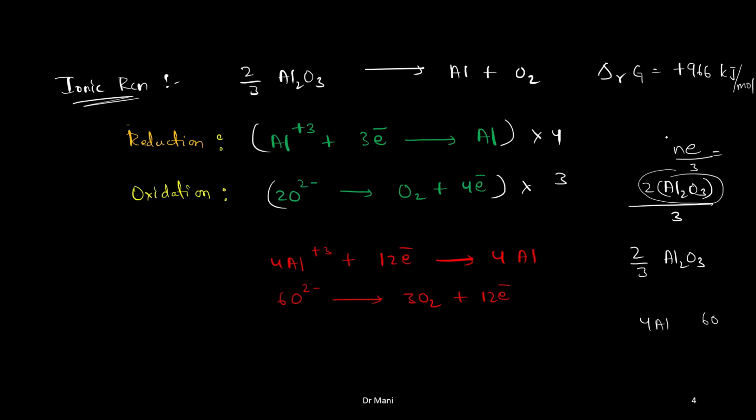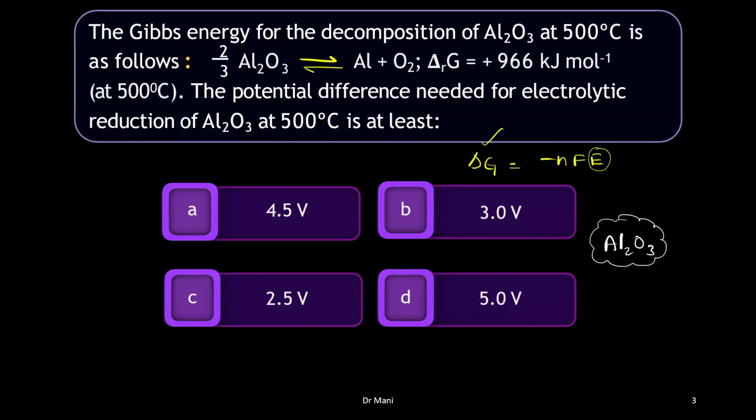So what I need to find out is n. What is n? It's the number of electrons transferring during the reduction or oxidation. Here 3 electrons are gained, and here the electrons are given by the oxygen. Do you remember, yesterday I discussed that during oxidation the electrons are released.